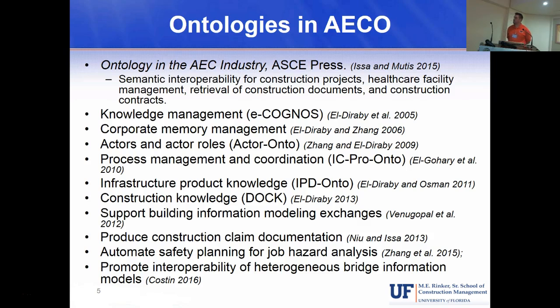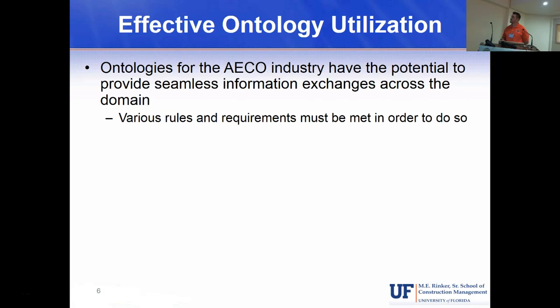Recently, in the last few years, there have been a plethora of ontologies. Some have been formally defined, some are just simple use cases. So they do exist in our industry. Ontologies for the AEC have the potential to enable seamless information exchange across domains. However, to do so effectively, they need to follow various rules and requirements.